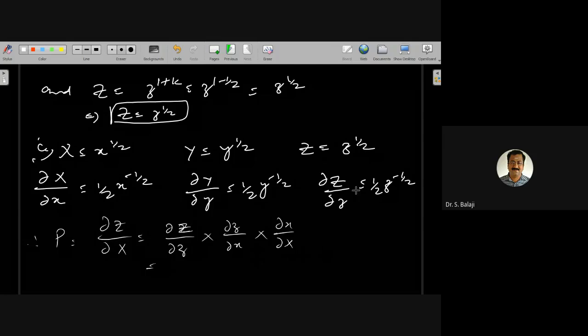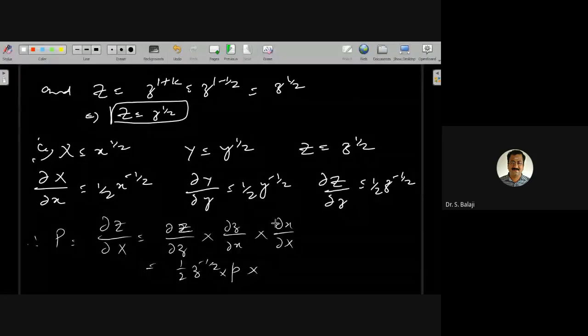Therefore, dou capital Z by dou small z is 1 by 2 z power minus 1 by 2. This is standard notation p, and dou x by dou capital X is the reciprocal of this one here. Therefore, we can get it as 2 x power 1 by 2, the reciprocal of this one. The 2 gets cancelled here.